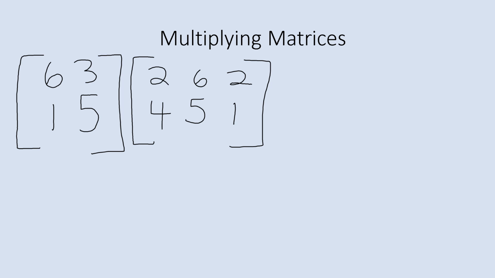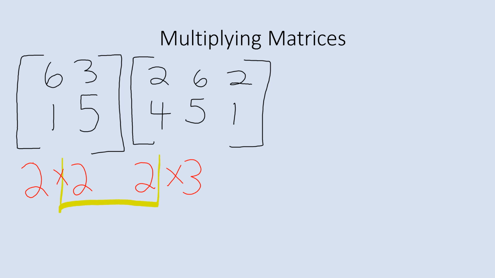Next, we are going to multiply matrices, which is a little more complicated. So there's one important rule that you always must follow when multiplying matrices, and that is first write out the dimensions. This one we have a 2 by 2 matrix, and this one we have a 2 by 3 matrix. This tells us 2 different things.